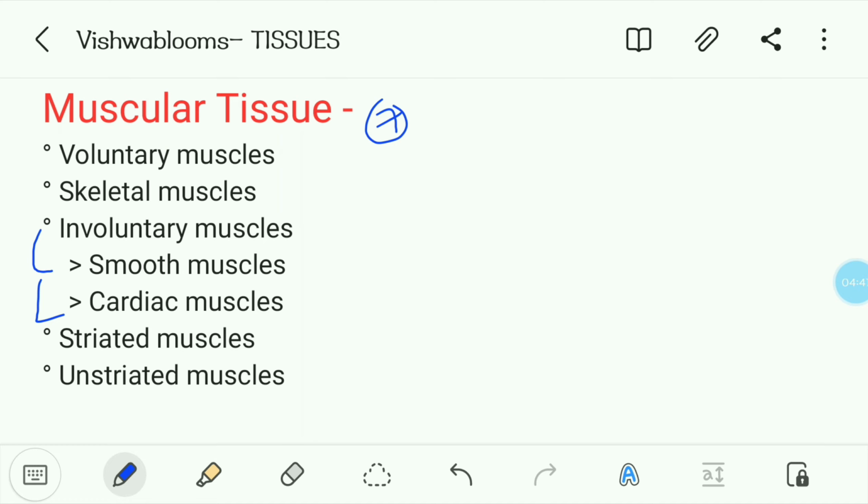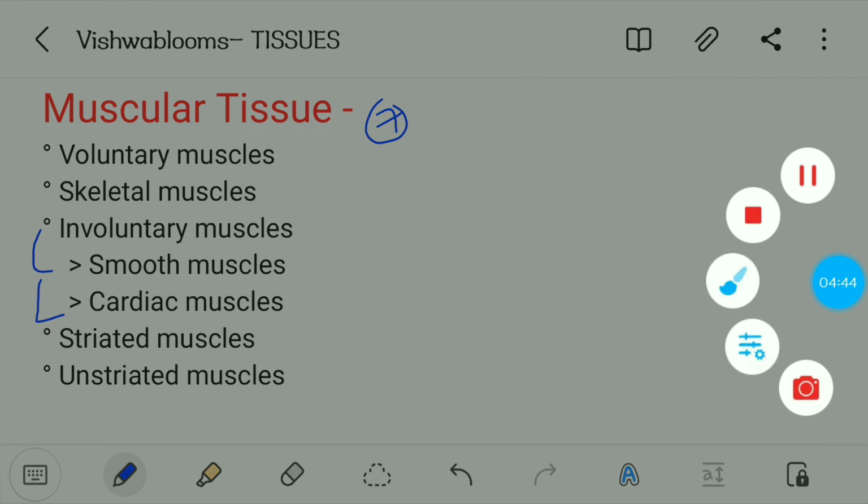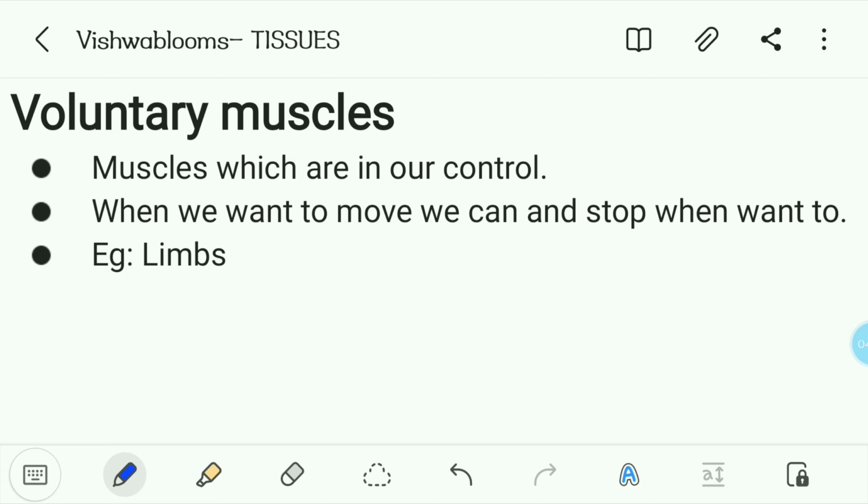So first let's talk about voluntary muscles. Now we will discuss the voluntary muscles. Voluntary muscles are in our control, so we are able to move them when we want, and we can stop when we want. Suppose a hand is there: whenever I want to move it up, I can just move it.